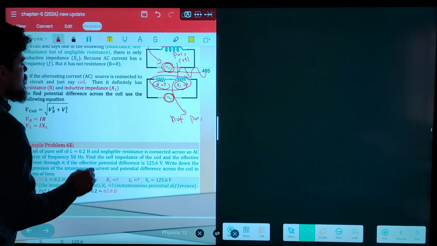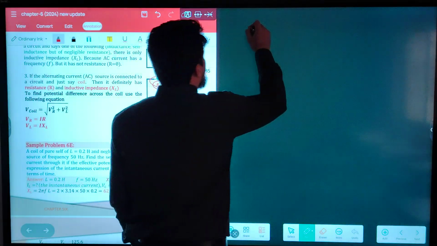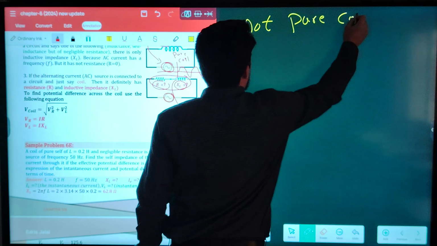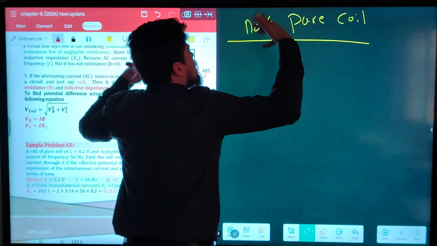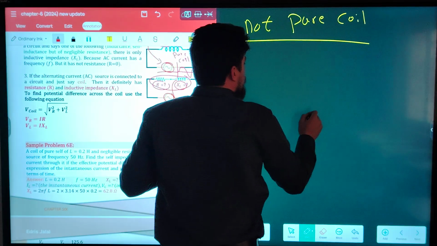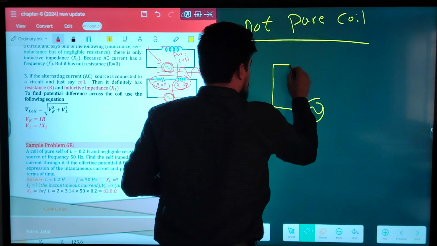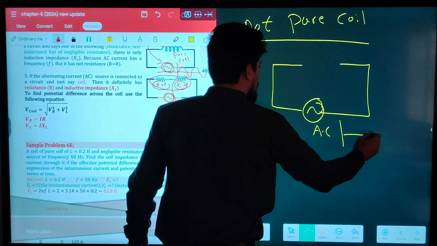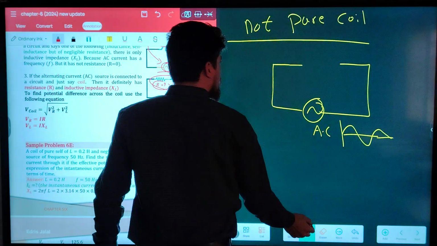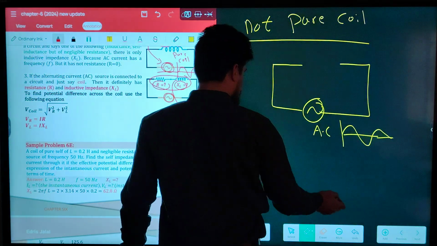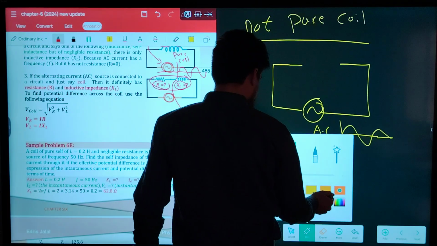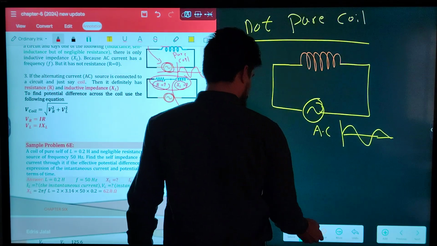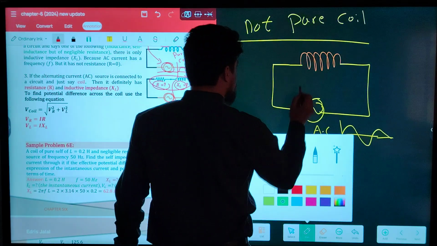How can we determine this for the not pure coil? What do you mean by not pure coil? It means that the coil has resistance. If the coil is connected with AC, this is the AC source, and also we have a resistance.